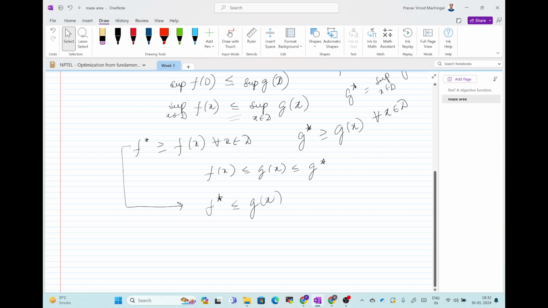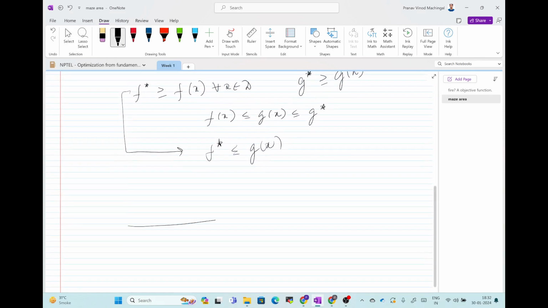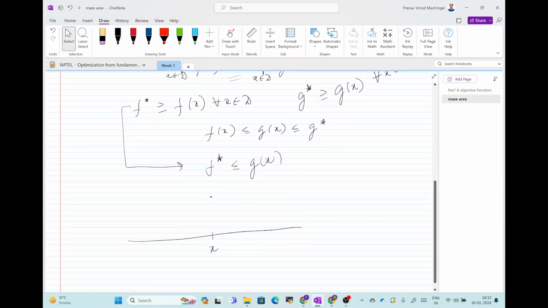Let's say this is x, and f of x is here, and g of x is greater. Then f of x could increase and even go beyond g of x. f of x is always less than or equal to g of x, right?